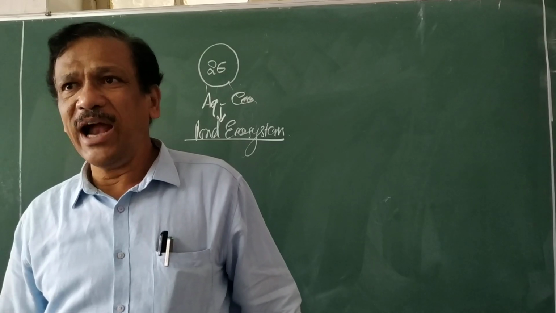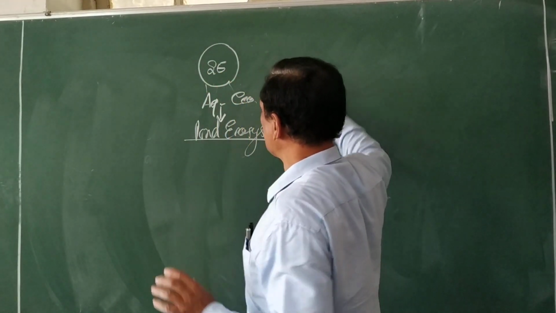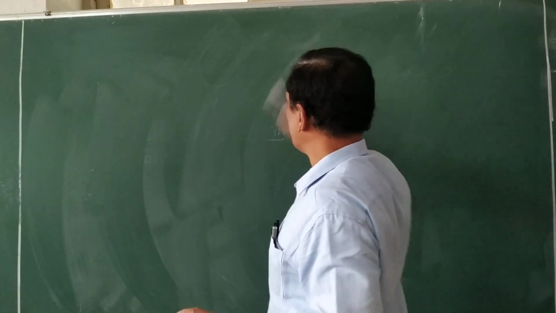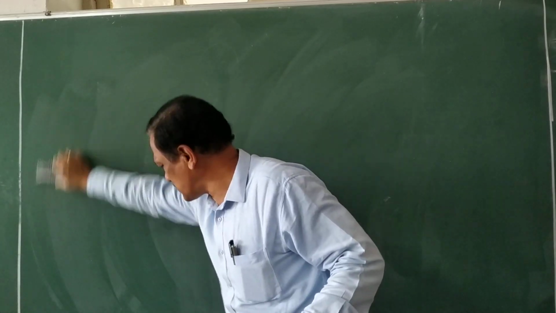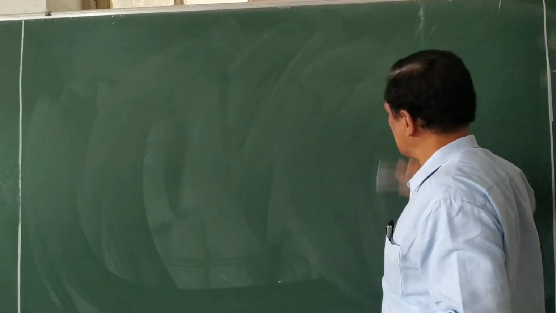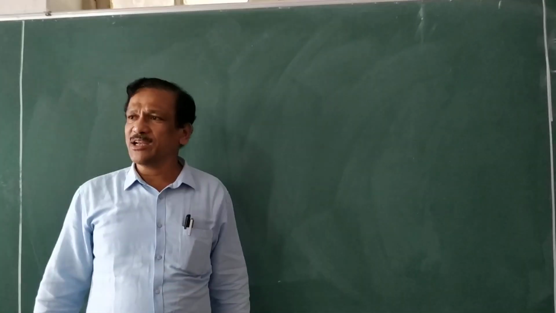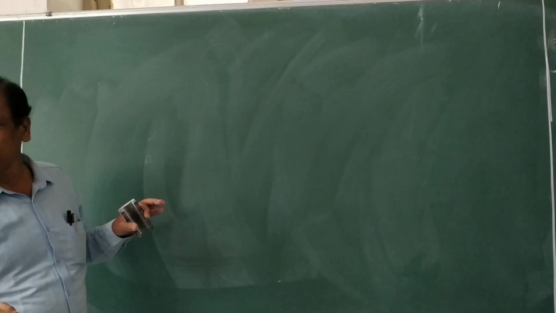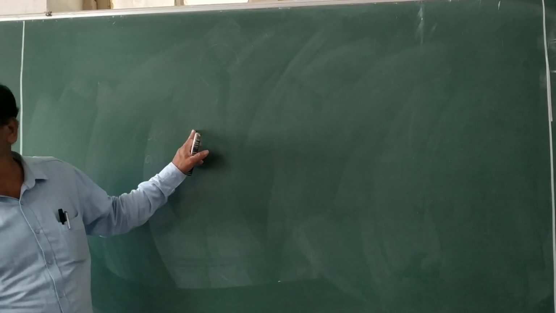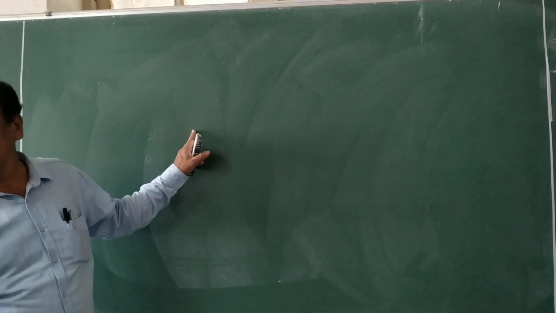Got it? And let us see now what is pond ecosystem and how the energy exchange process occurs in this pond ecosystem. To study this pond ecosystem, we have to create one small pond on this board with the help of charts. Right?